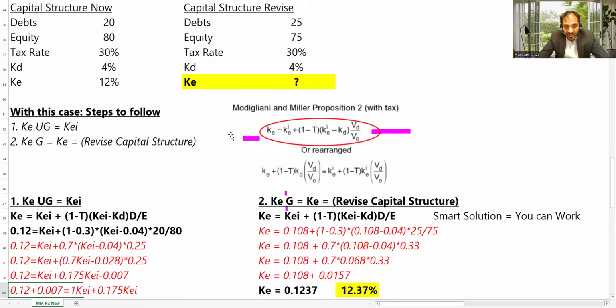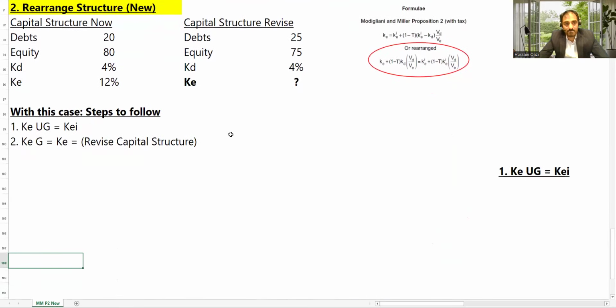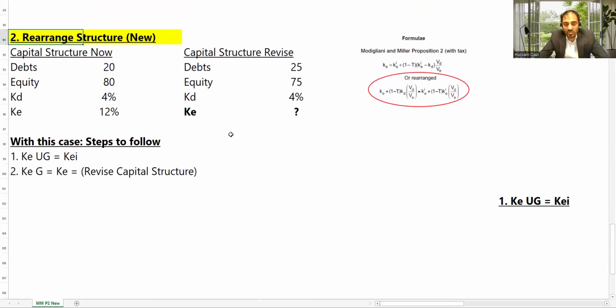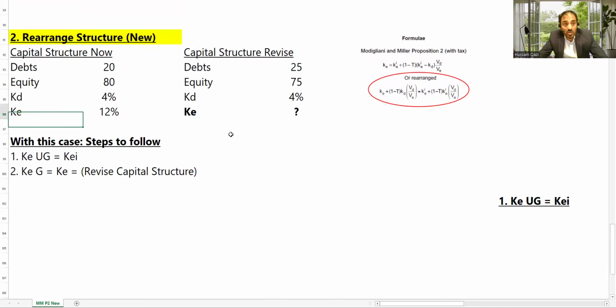But if we are working with the new structure, now apply the above case with the new structure. Same case, and the company wanted to calculate the K with a 25:75 debt equity market value.